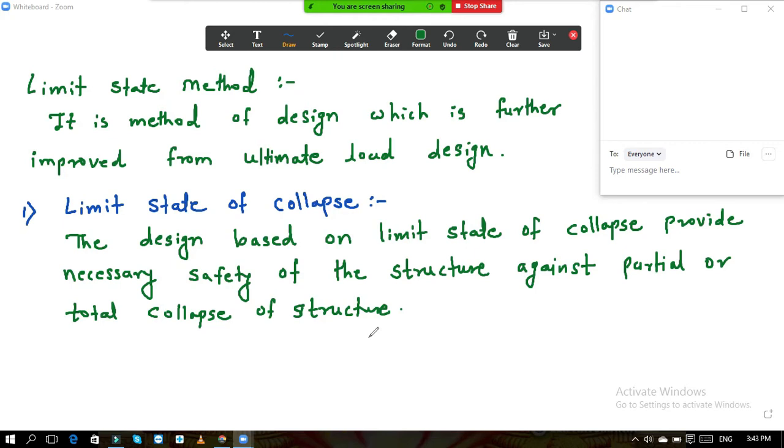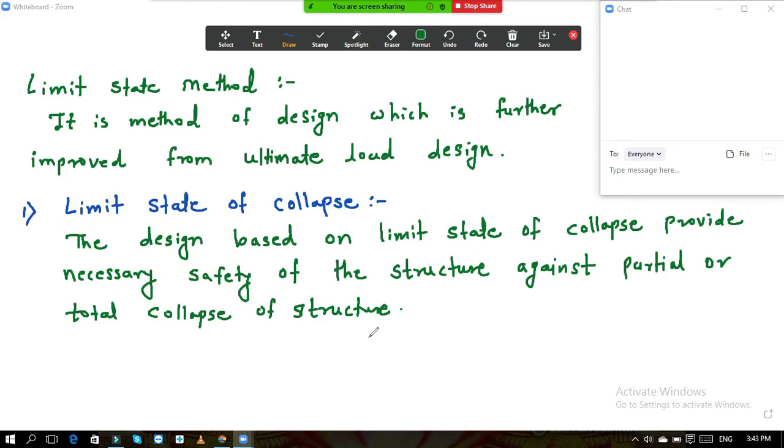Now suppose a beam is there, and suppose the capacity of the beam is to carry a load of 100 kilonewton. If a 150 kilonewton load is acting on that beam, then in the case of the working stress method, as soon as the load increases to 150 instead of 100, the structure will collapse immediately.